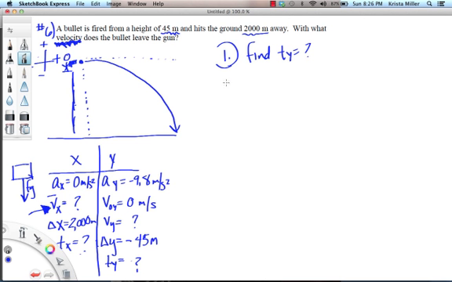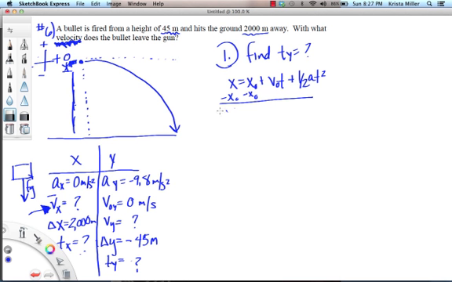If you look at your equation sheets, you're probably thinking there's really only one we can use. We should be using the one that says x equals x initial plus velocity initial t plus 1/2 a t squared. Well, we could subtract x initial, and this really just becomes x minus x sub naught, which is the same thing as delta x, or in our case, delta y.